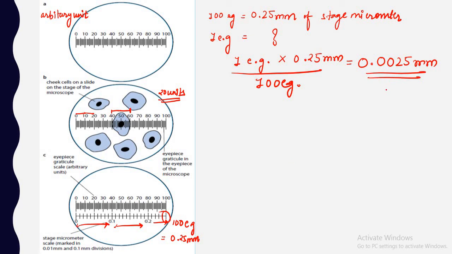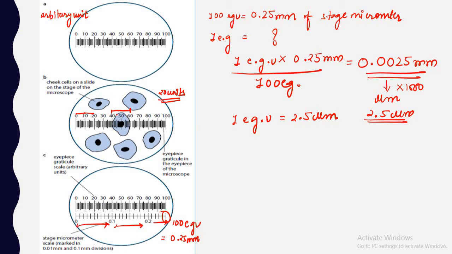Okay, now convert this into micrometers. You always do that. So after converting it, you will multiply and get 2.5 micrometers. Yeah, so here you go, your one eyepiece graticule unit is equal to 2.5 micrometers.